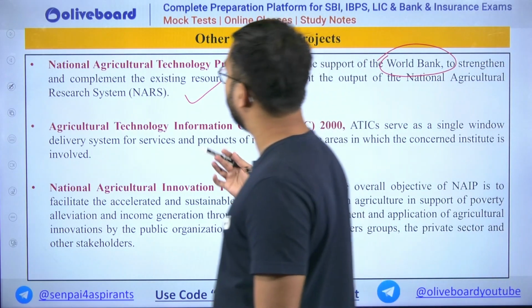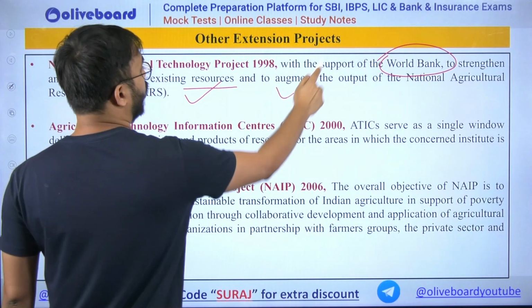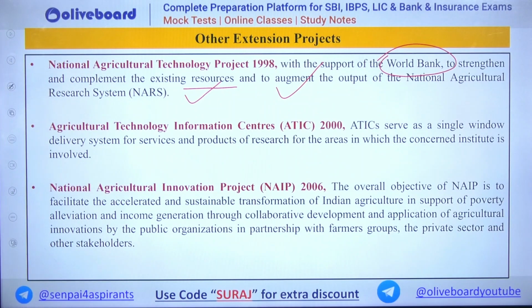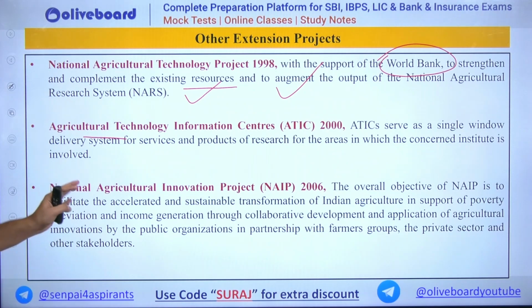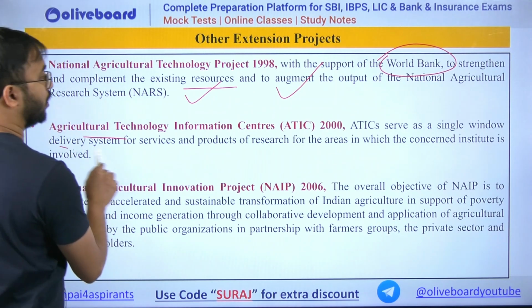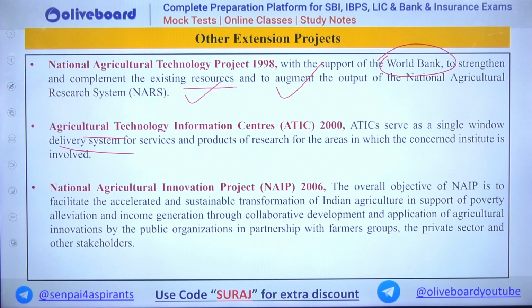To strengthen and complement existing resources and augment the National Agricultural Research System (NARS). Agricultural Technology Information Centers, ATIC, serve as a single window delivery system for services and products of research for the areas, as well as the concerned institutes which are involved in this particular project.